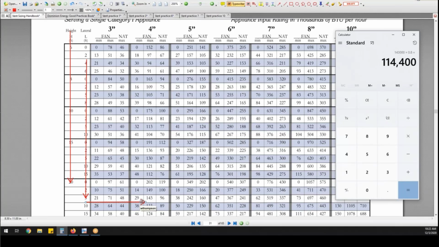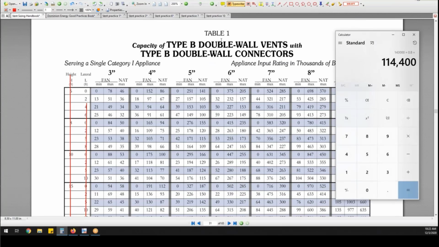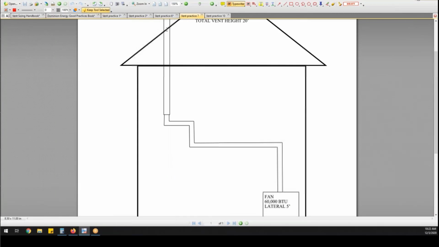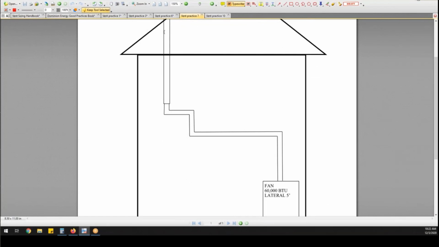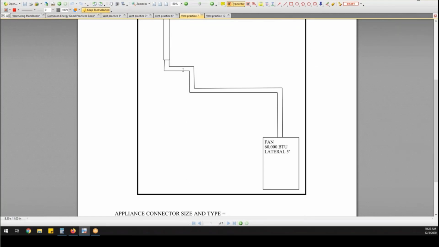So does my 60,000 fall in between 29 and 114.4? Okay, it does. So I could do this entire flue in 4" double wall. So my main vent, so this guy here would be 4", and all this here could be 4".